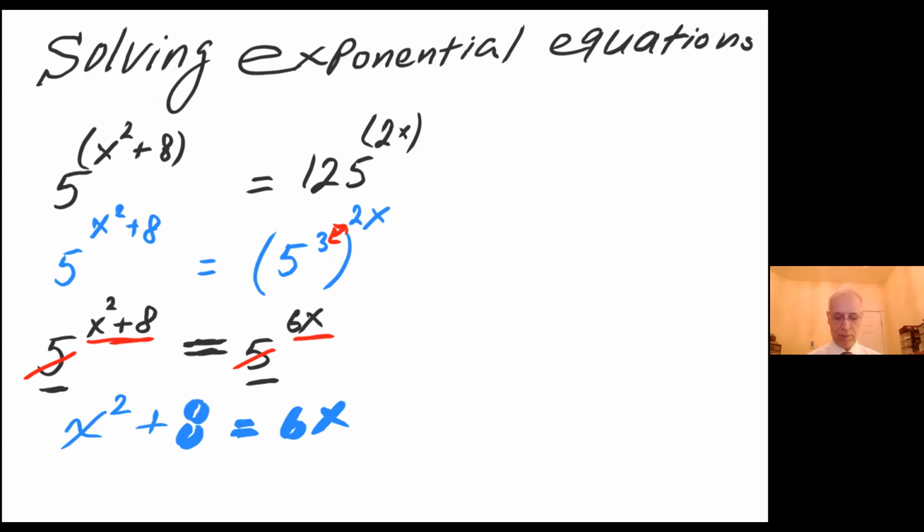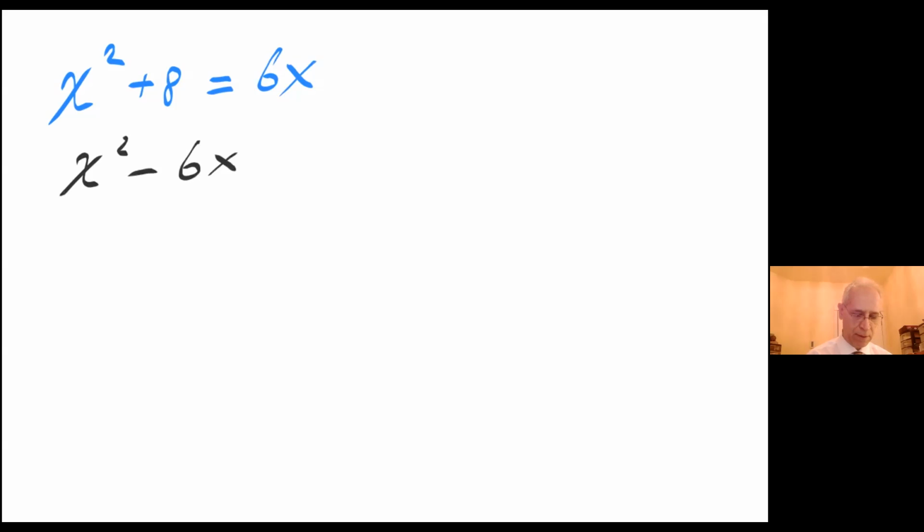Let me go ahead and go to the next page and continue from there. So x squared plus 8 equals 6x. So I'm going to write this as x squared minus 6x plus 8 equals 0.